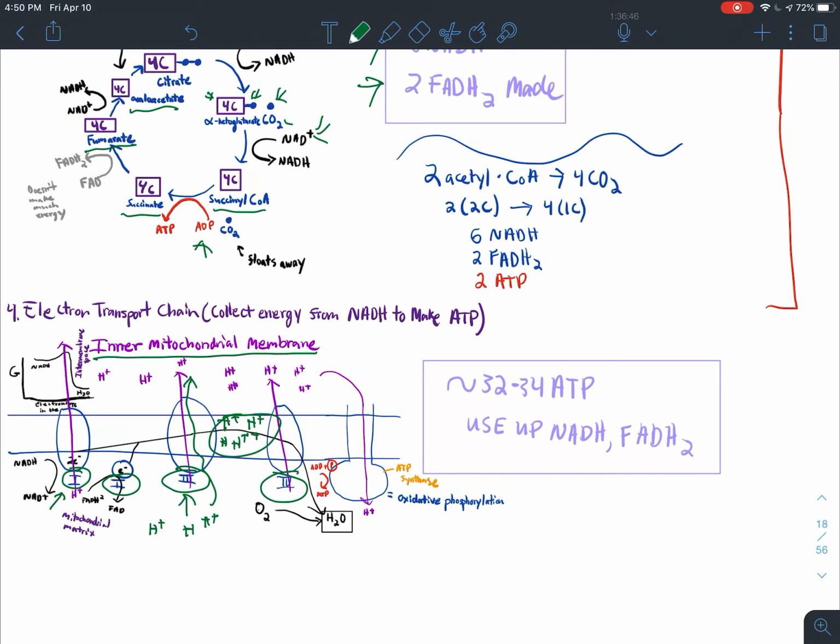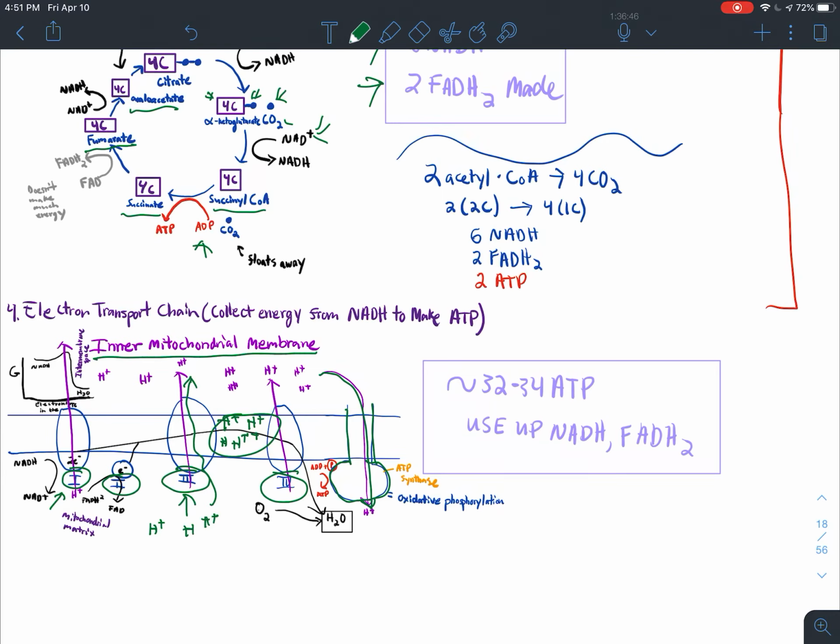So the H plus protons want to go back to the mitochondrial matrix, so they go through ATP synthase, which is this protein over here. ATP synthase's job is to make ATP. ATP synthase is a rotary motor, which will jam ADP together with phosphate using energy from H plus to make ATP.